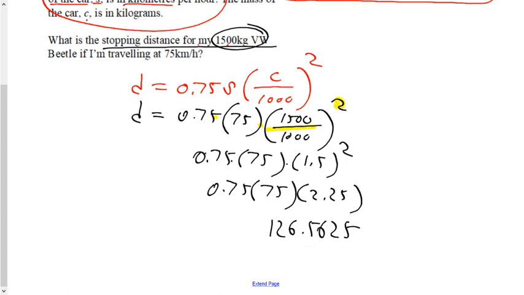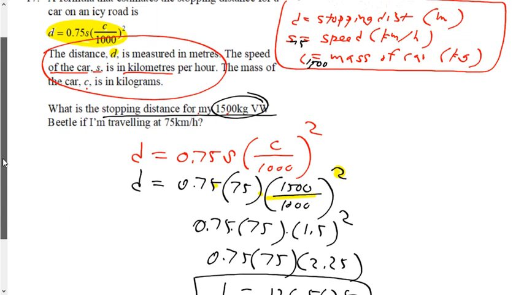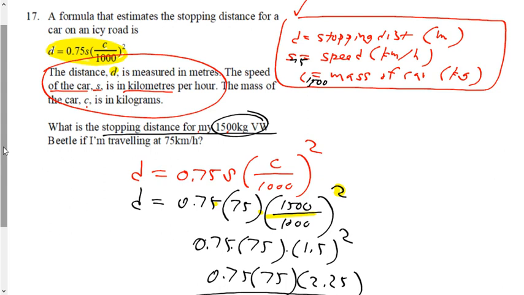Well, here's an interesting one. What does that mean? What did I solve? What did I do all that work for? I've got to go back and think, well, this is what I solved, and I have this answer, D equals 126.5625. So then I go back up. What does D mean? It means my stopping distance in meters.